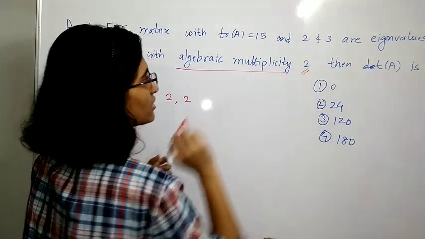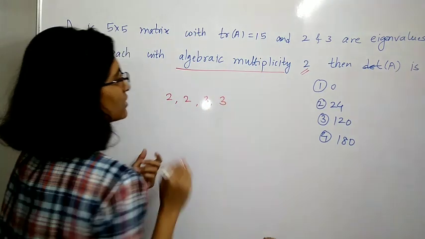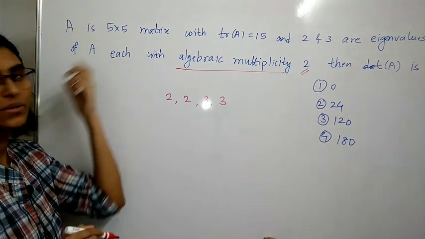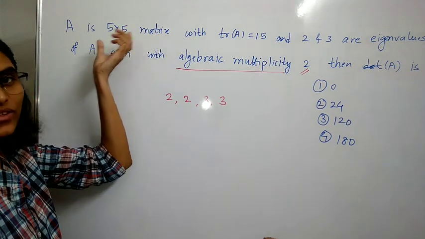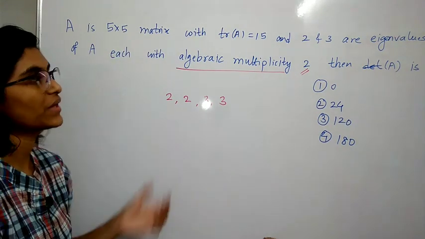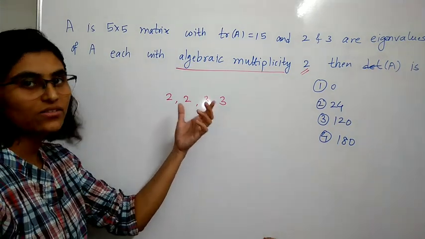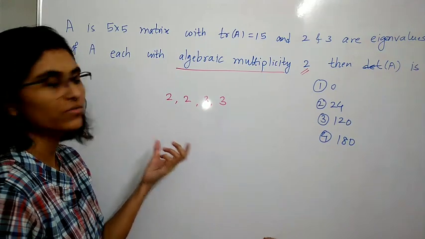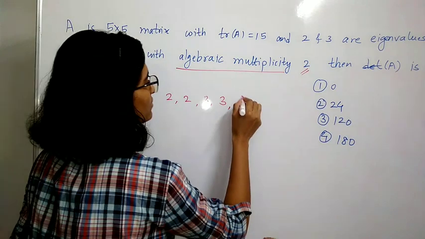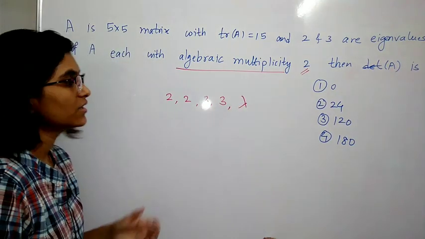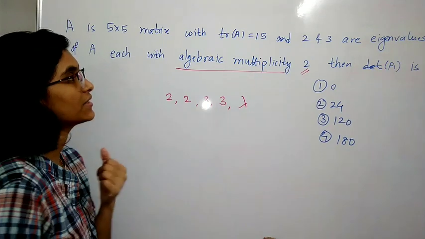So these are eigenvalues of the matrix A. Given the size of this matrix, which is 5 by 5, A must have 5 eigenvalues. Out of these 5 eigenvalues, we have 4 with us. So let us call the fifth eigenvalue lambda.